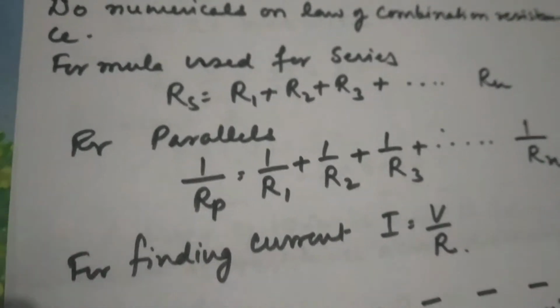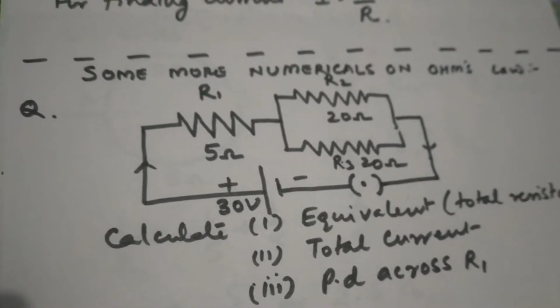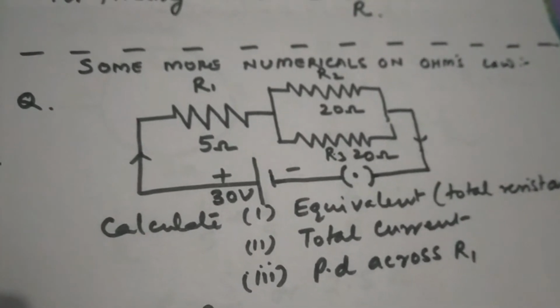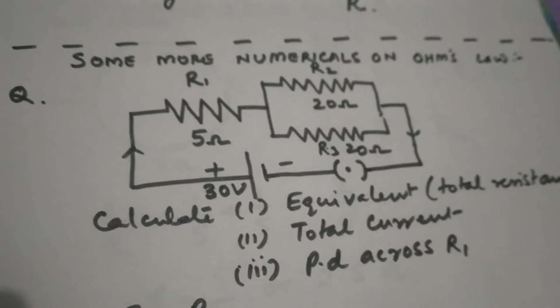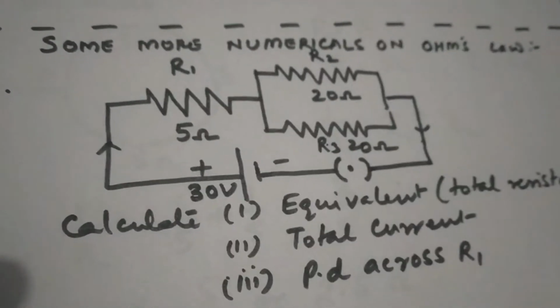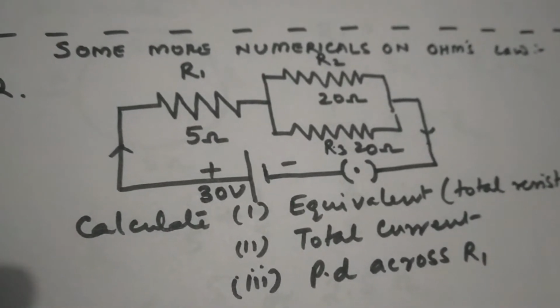So today I am taking one more numerical, in which we have to find the total or equivalent resistance, the total current, and the PD across R1. Please see the circuit properly at least 2 to 3 times.